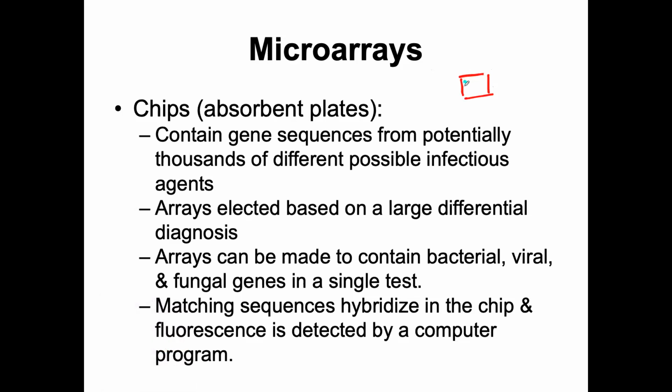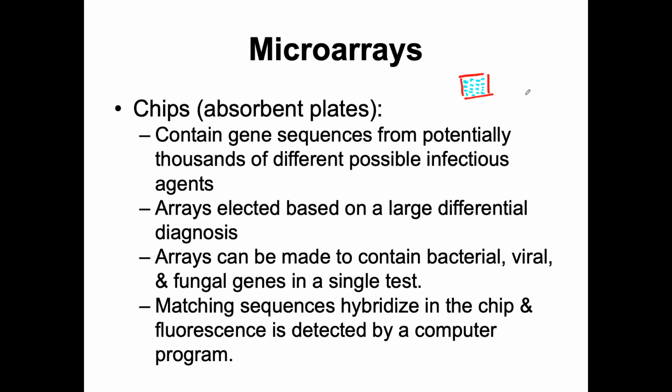Within that piece of glass are areas on a grid that have probes, DNA or RNA probes, usually DNA probes, to specific antigens. And when we throw our sample on there, the genetic material from that sample can bind some of these probes.